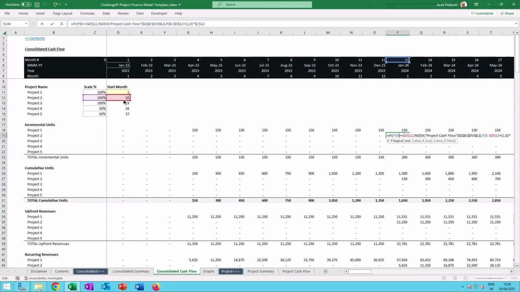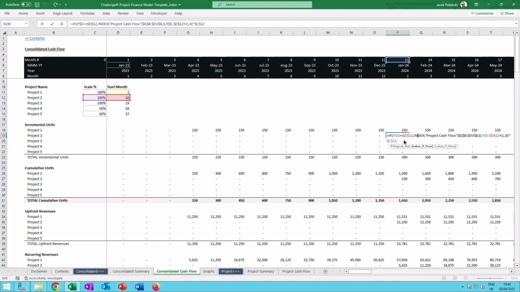As soon as my start month is equal to or less than the month number on the timeline, it uses the INDEX formula in order to link the appropriate numbers. Using the INDEX formula allows the model to take the number from a month that is relative to the month number here, and also to the start month.